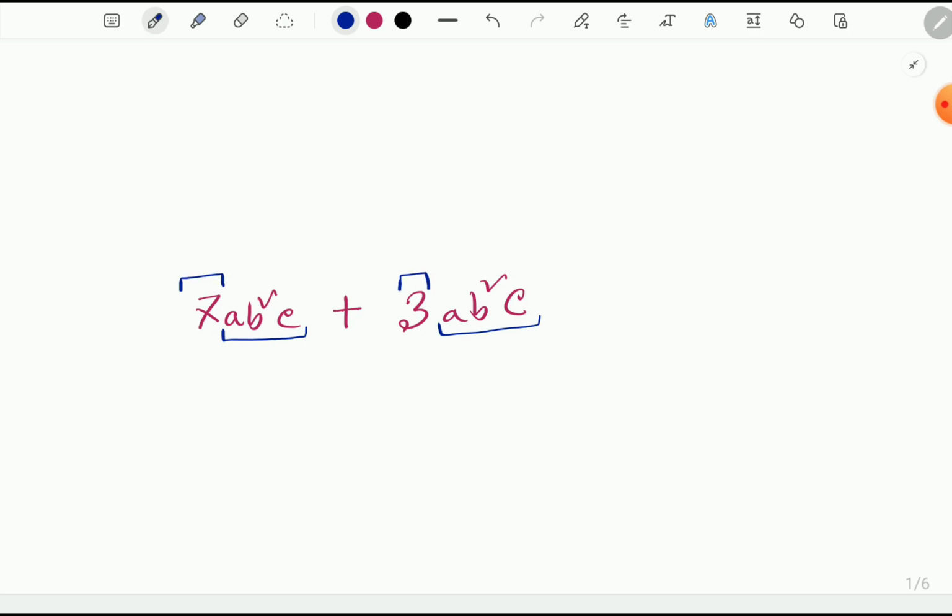So in these particular cases, you can consider this whole unit as one object, which is x, and this whole unit also as a single object, x, right? So 7x plus 3x. If you sum, what would be the answer? 10x, right? Yes. So 10 a b square c.